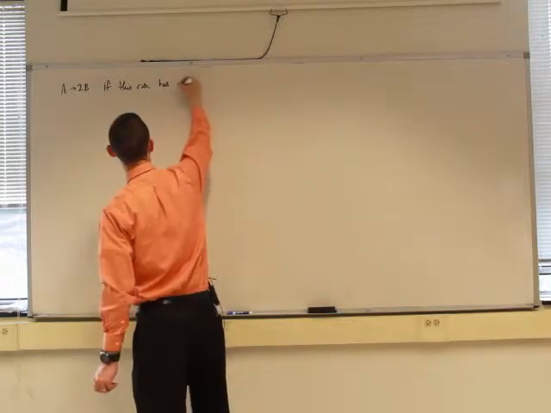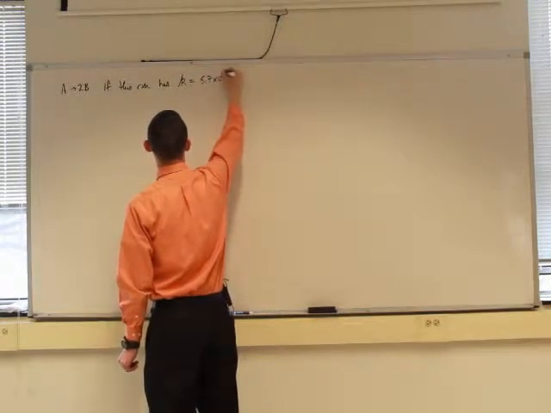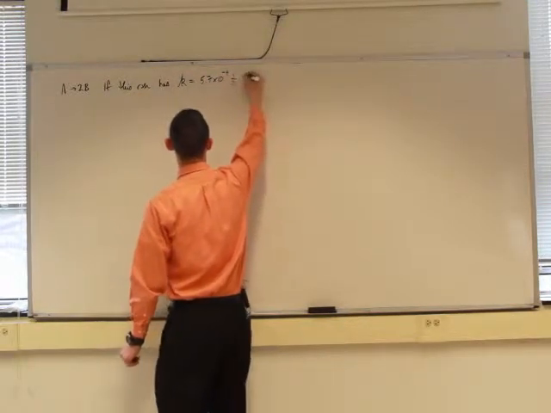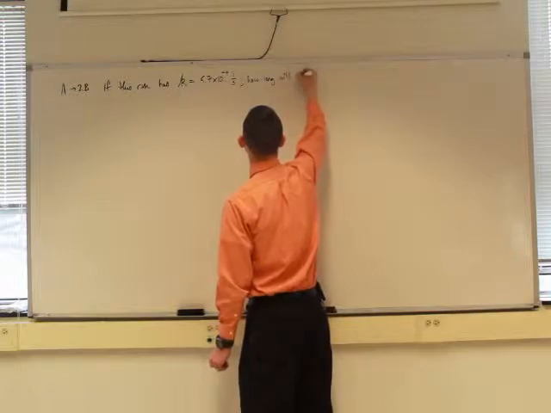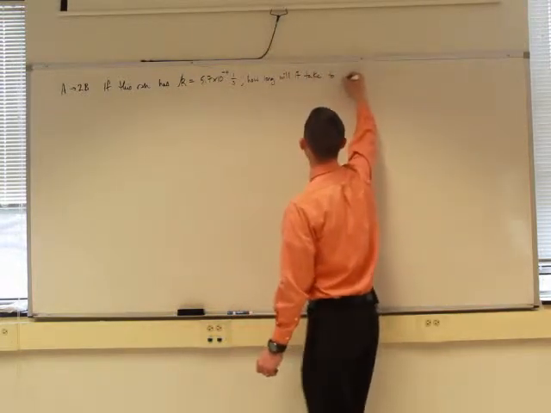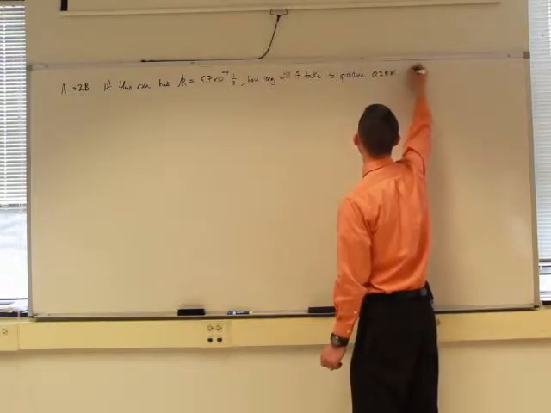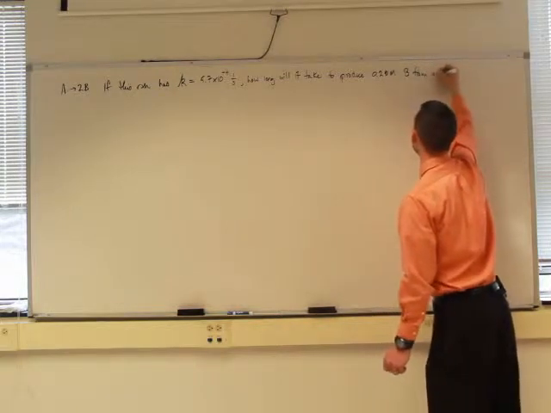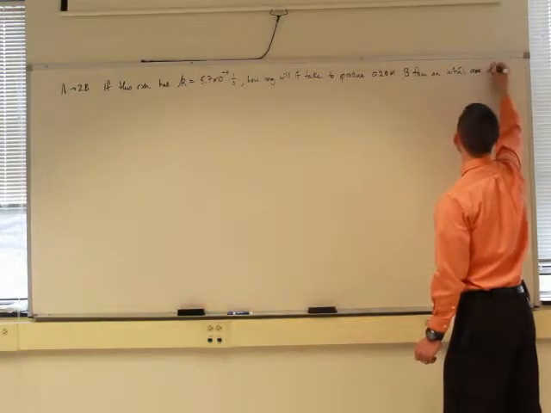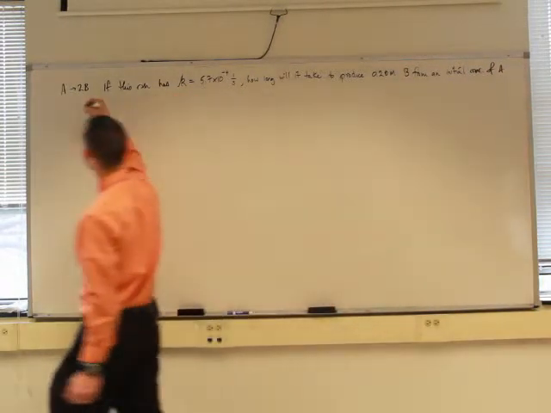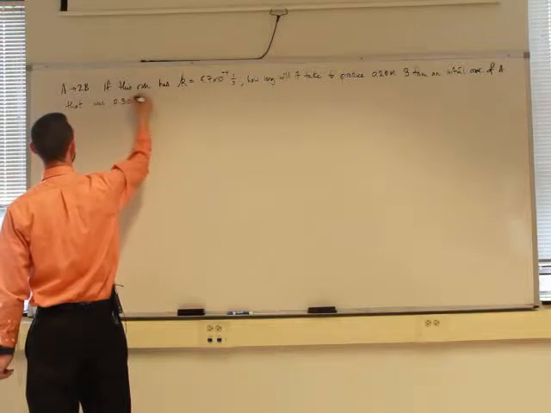If this reaction has k equals 5.7 times 10 to the minus 4 per second, how long will it take to produce 0.20 molar B from an initial concentration of A that was 0.30 molar?